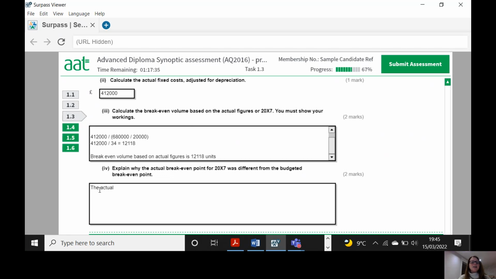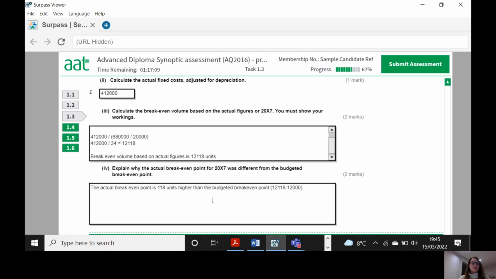So the actual break-even point is 118 units higher than the budgeted break-even point. And you could show the examiner your working. It's only 2 marks. You're not going to have to do loads, but I'll just show you my thought process. So why is this?